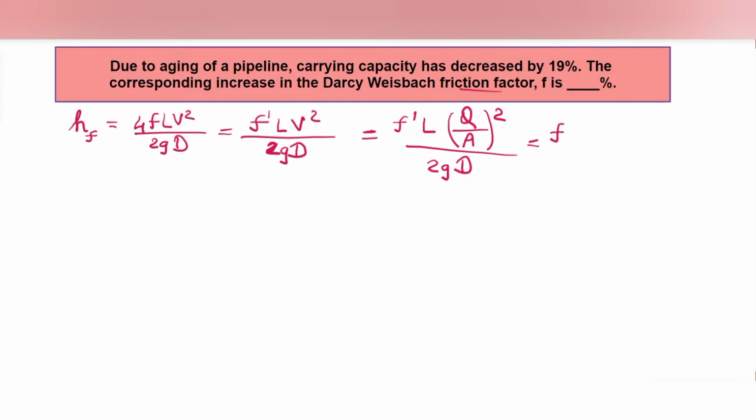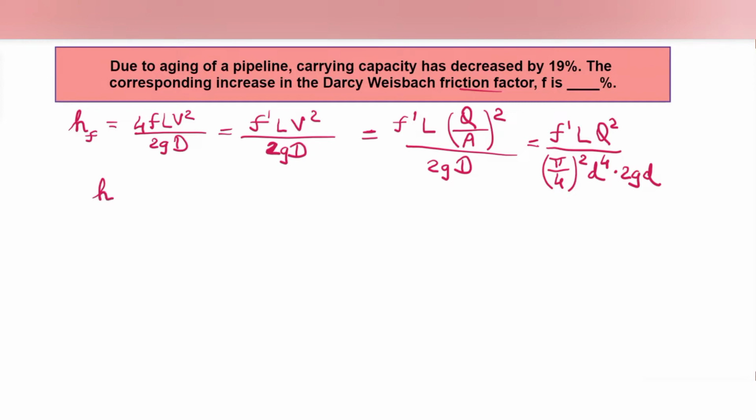Now this will become F dash L Q square upon area, which is pi by 4 d square, so pi by 4 d square whole square. So it will be pi by 4 square into d square whole square, which is d raised to 4, into 2gd.